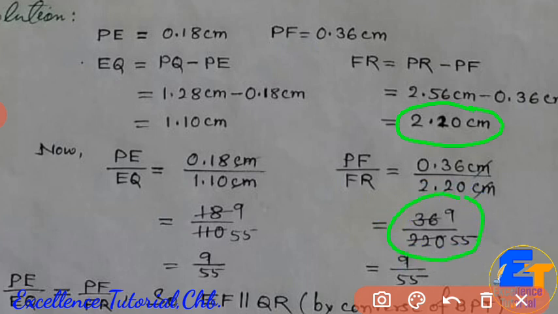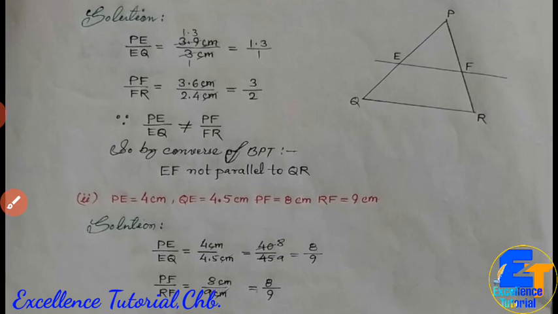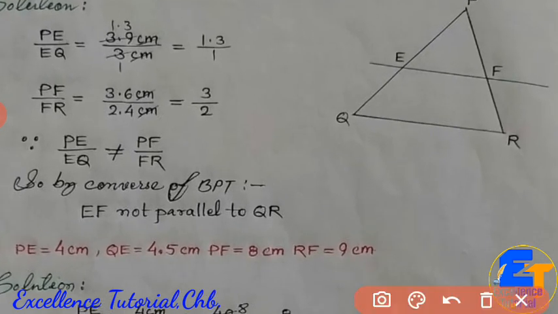Now see, the left hand side ratio is matching with the right hand side ratio. What does it mean? In this figure C, we got the ratio of these two parts equal, isn't it? That means EF is parallel to QR by converse of BPT.